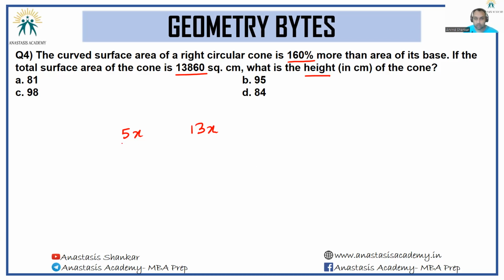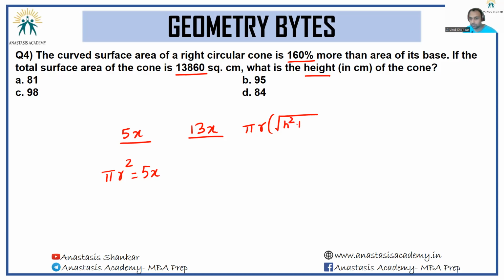Okay. So base area is pi r square. Pi r square is equal to 5x. And pi r L. This is pi r L. So pi r under root how much?